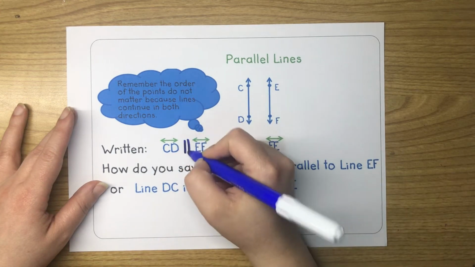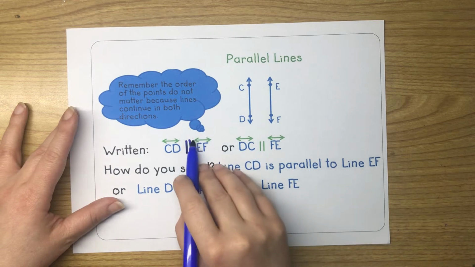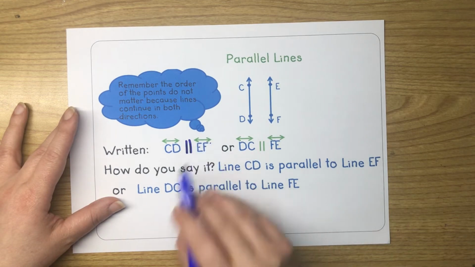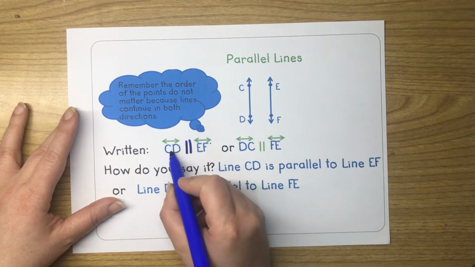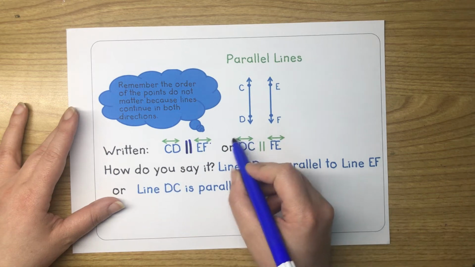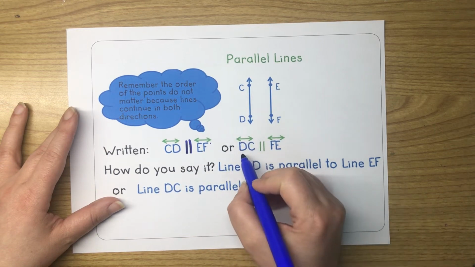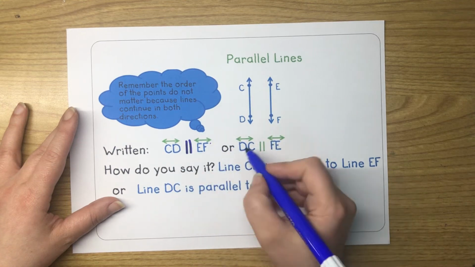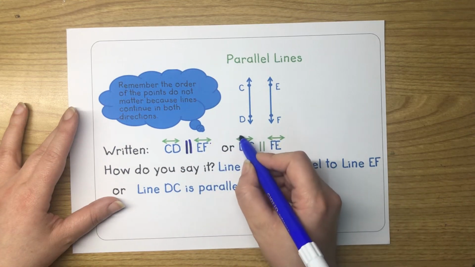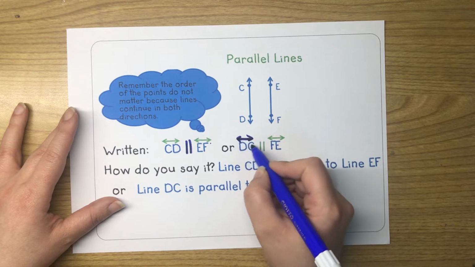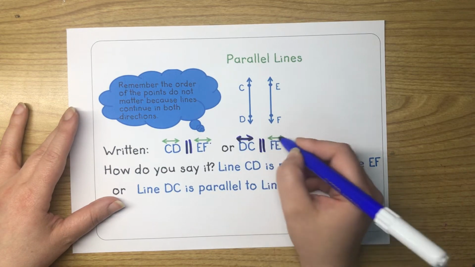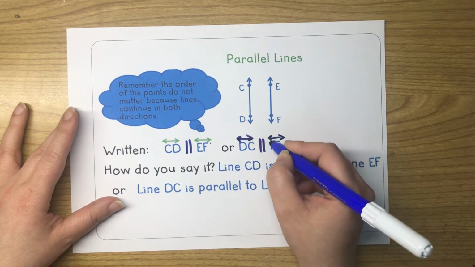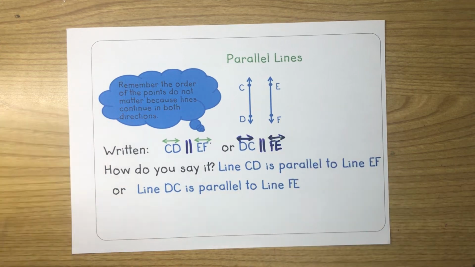This is the symbol of parallel lines, to line EF, or if you switch the places, it's okay, for lines only, lines and segments, but not for rays. And the other way is line DC is parallel to line FE.